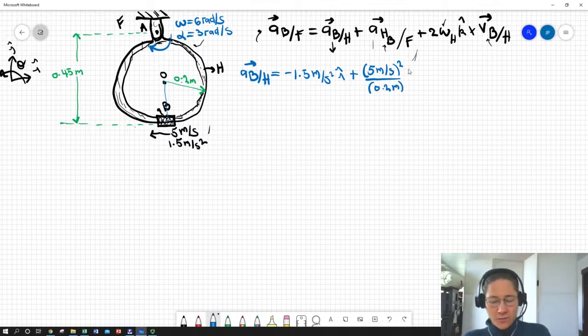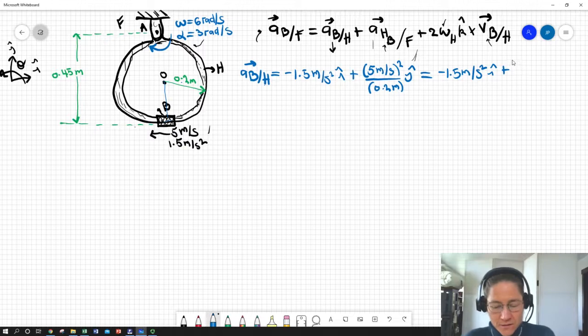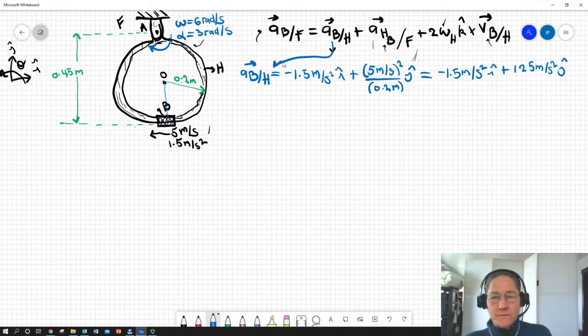So this should look real familiar. This is just curvilinear motion. So we can write this equals negative 1.5 meters per second squared i hat plus, we're going to end up with something pretty big, 125 meters per second squared j hat. Okay, so that's this term.